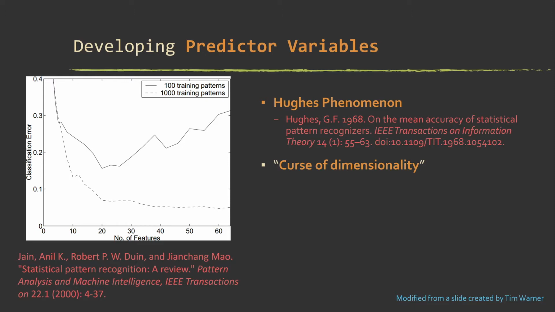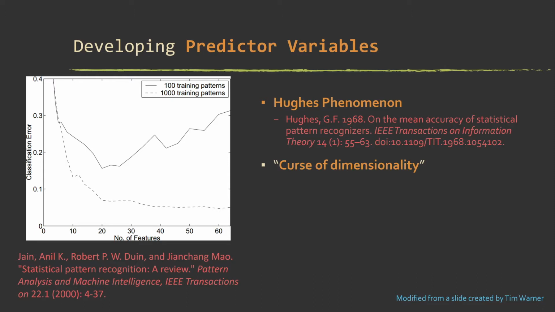With the reduced set, the increased complexity is not offset by the increase in information. That ends up resulting in increased error, or decreased accuracy, which effectively is the Hughes phenomenon, or the curse of dimensionality. So this is generally a problem, more so when we have small training data sets in a large feature space.